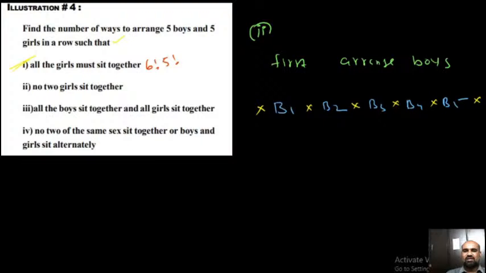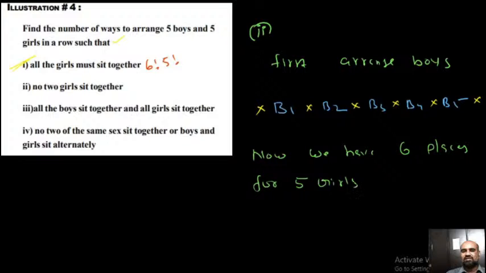I will write that. Now we have 6 places for 5 girls. Now we have 6 places between 5 boys for 5 girls. That is the correct wording. Now we have 6 places for 5 girls, or you can write now we have 6 places between the boys for 5 girls.